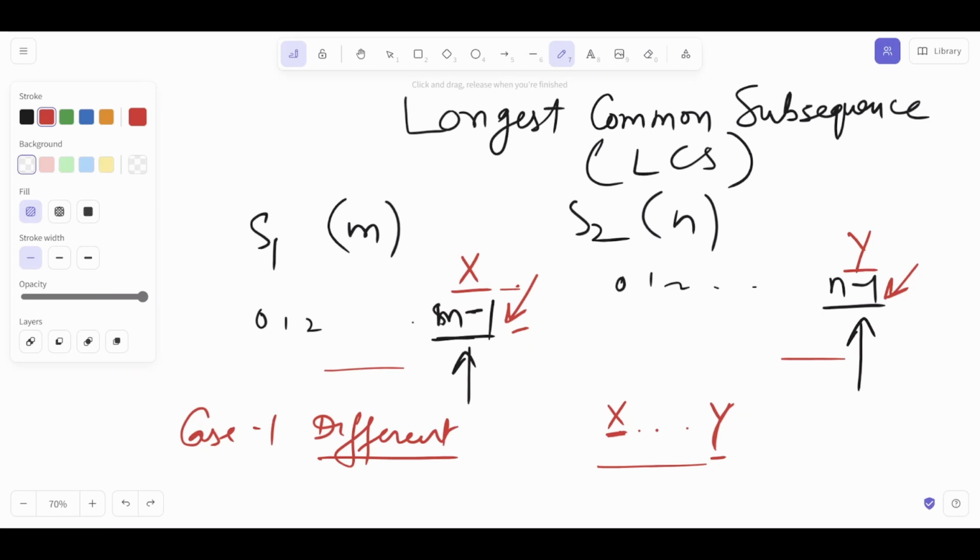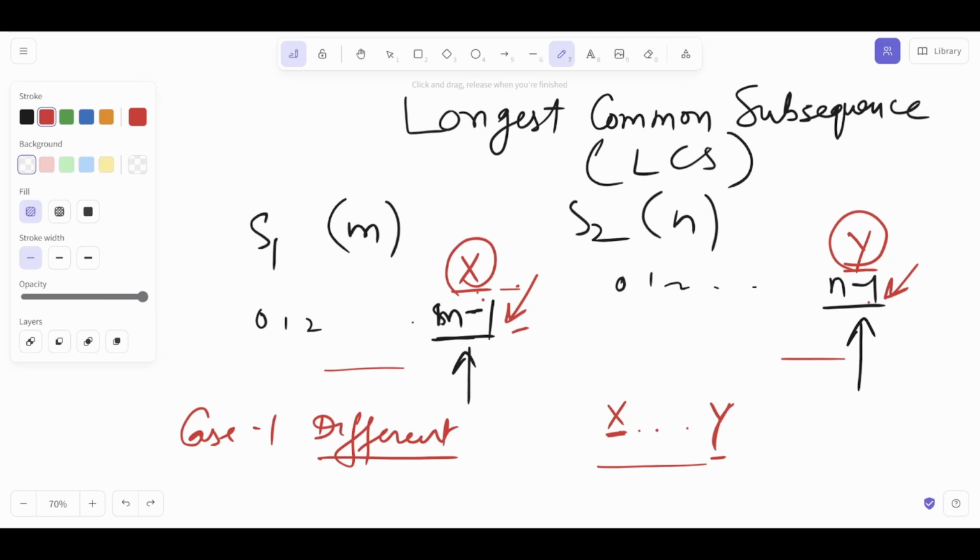You can just see both of these characters X and Y are the last characters. So if they are present in a subsequence, then they have to be the last character. And since these two characters are different, they cannot be the last character of the same subsequence. So if these two characters are different, they cannot be part of the common subsequence.